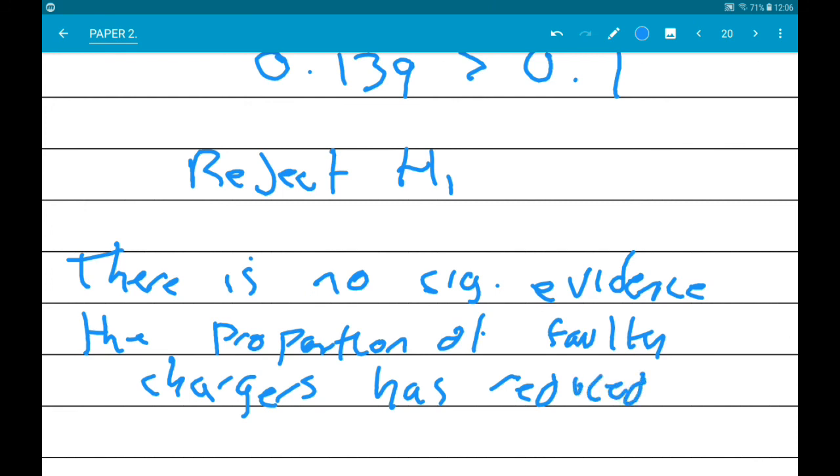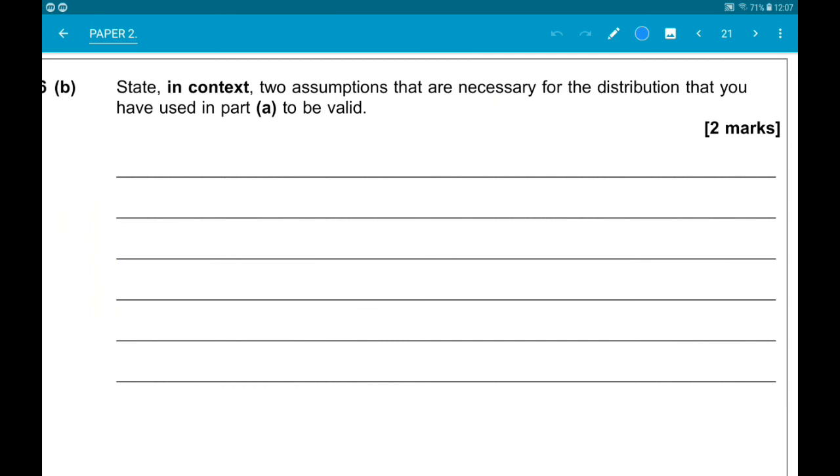Good. Okay, and then for part B, we need to state in context two assumptions we have made for the distribution we used in part A to be valid. So, our distribution was binomial. To use a binomial distribution, the probability must remain fixed and events must be independent of each other.